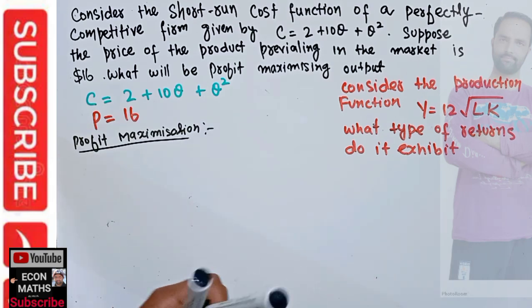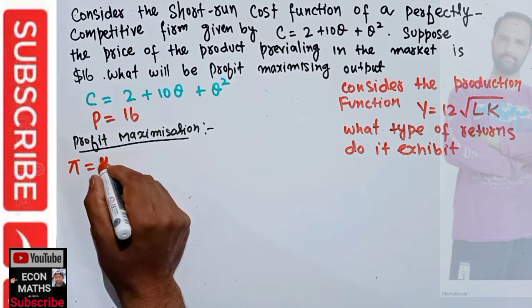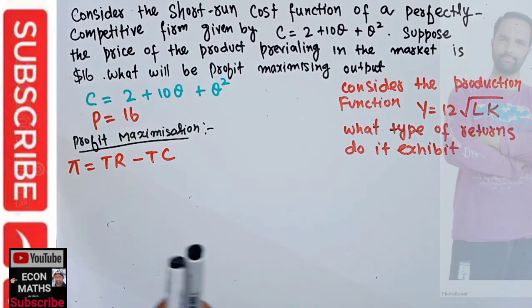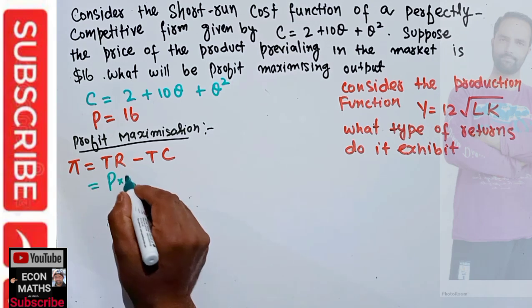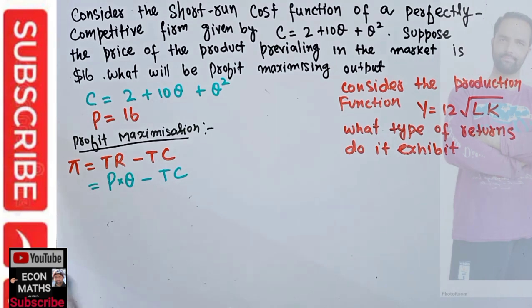First we need to construct the profit function, and we know the profit function is simply total revenue minus total cost. Total revenue, as we know, is simply price times output.